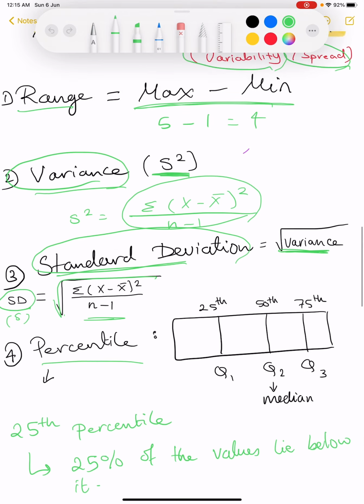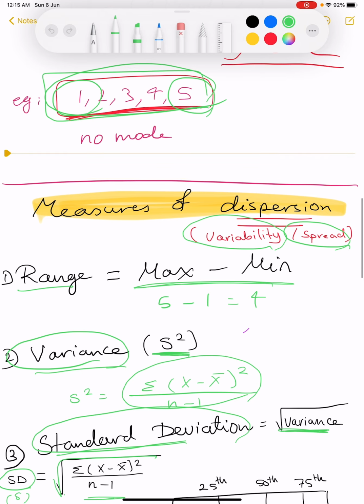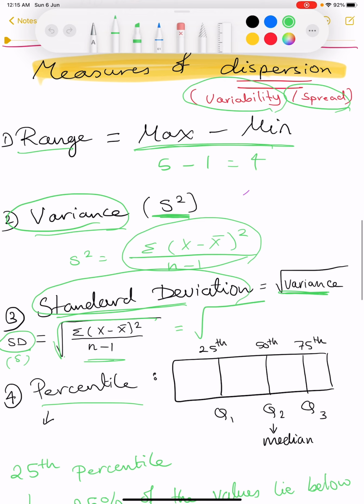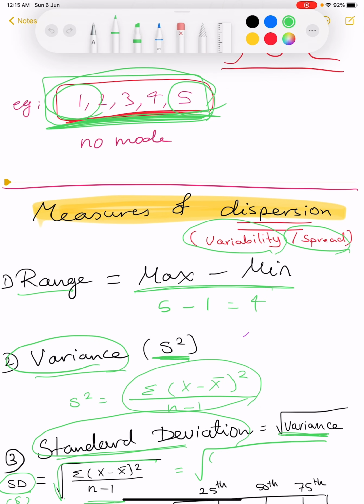Okay, so for example, if we have these values, how do you calculate the standard deviation? We just take the root of, okay, what's the mean here? 1 plus 2 plus 3 plus 4 plus 5, divided by 5. It's 3.